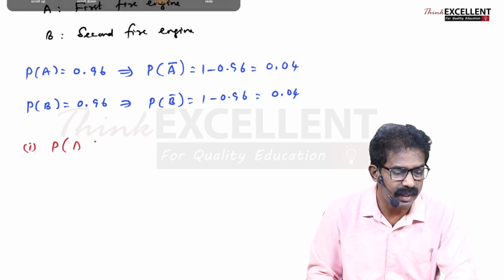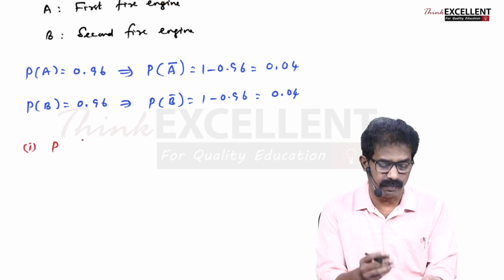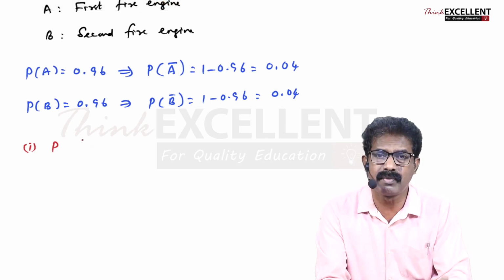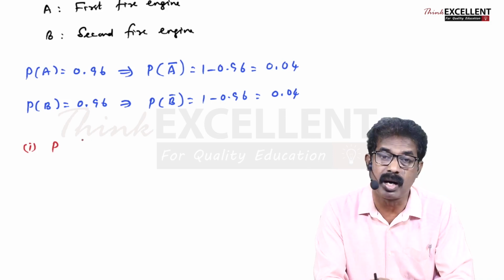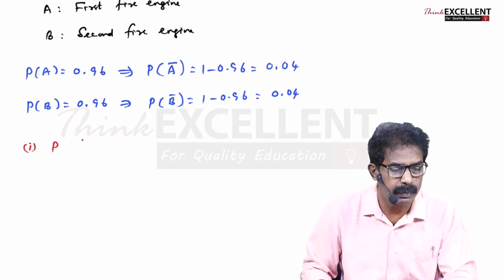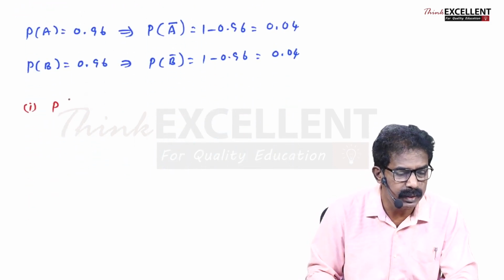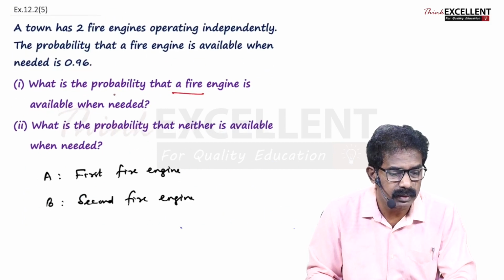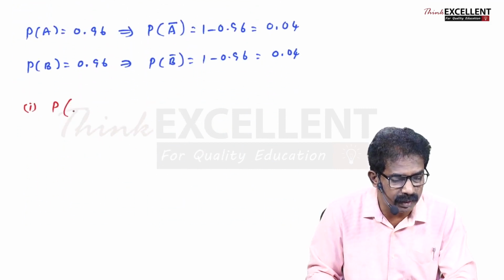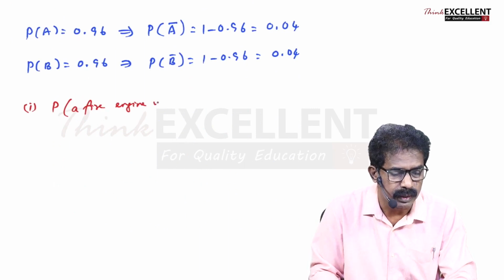Here you have to do so many cases: the first fire engine is available, or the second is available, or both are available. P of A intersection B is not given. So what you can do is find the probability that a fire engine is available.